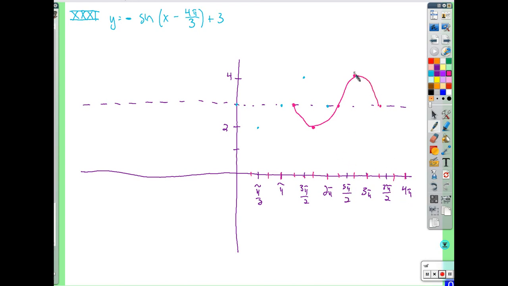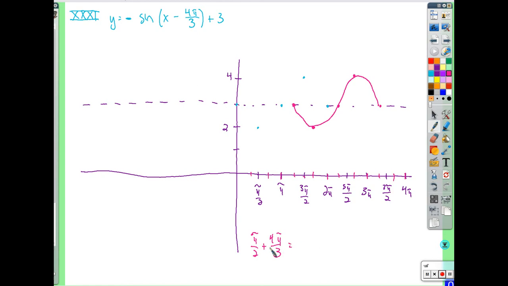I'm going to check this one. Let's see, that one came from 3 pi over 2. Oh no, those aren't going to work. This one and that one are off. Okay, so I'll just take pi over 2 and add 4 pi over 3.